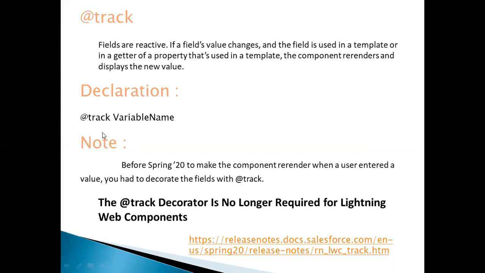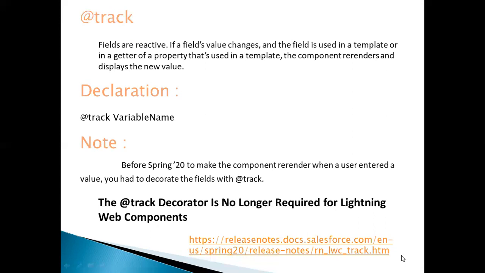So here you should note one thing. Before Spring '20, this track property was required. After Spring '20, the @track decorator has been deprecated, kind of. You cannot say completely deprecated, there are still some use cases for it, but right now, when it comes to a variable, you don't need to define it with @track. For more detail, you can go to this URL, which I will share.